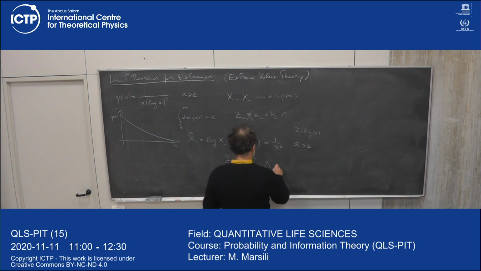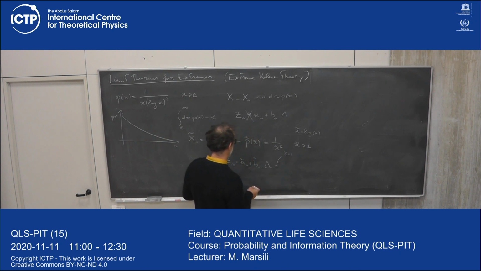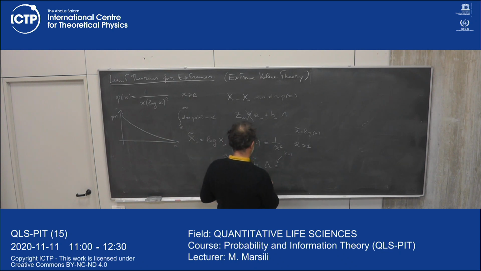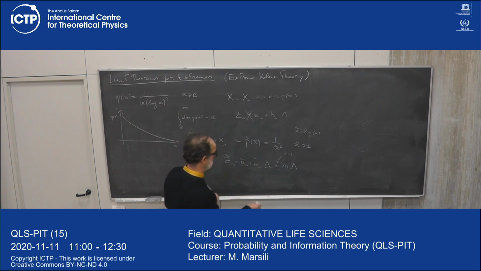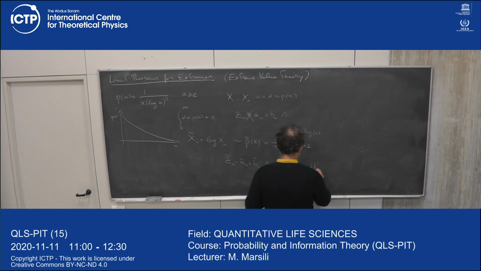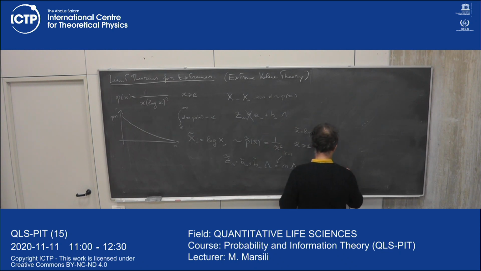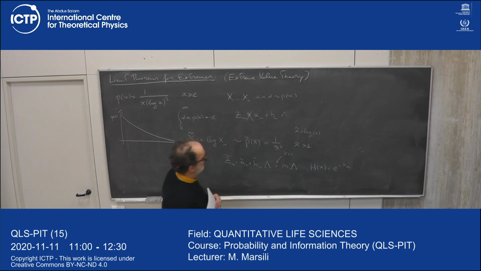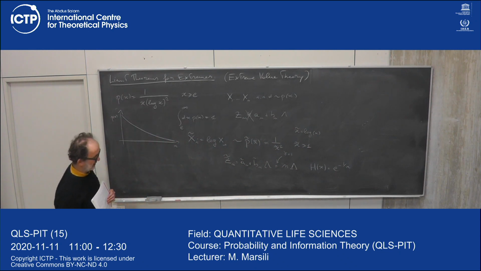In particular, this would be a case with gamma equal to 1 in the first case. So the b tilde n should be just of order n, and the probability distribution h(x) will be equal to e to the minus 1 over x. It's just the first case that we have discussed.